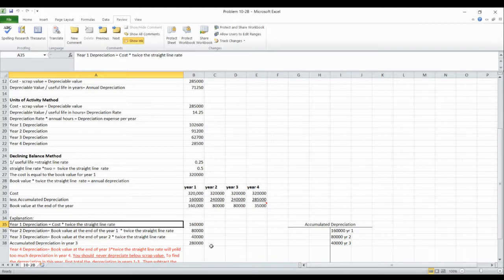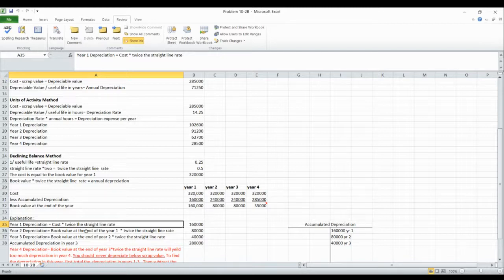The cost is $320,000. The book value in year one is the cost because we haven't figured up any depreciation on it. So we need to determine the depreciation for year one.